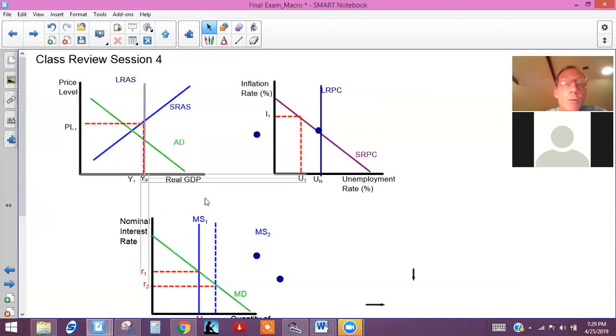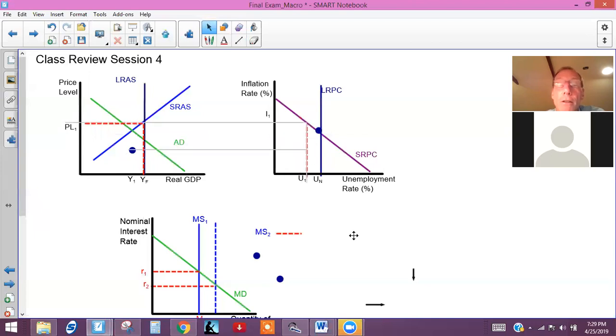What happens to unemployment if we move from here to here? Does it go up or does it go down? It increases. Yes, right. So over here, being on this long run Phillips curve at the natural rate of unemployment is just like being here in the aggregate demand at full employment.